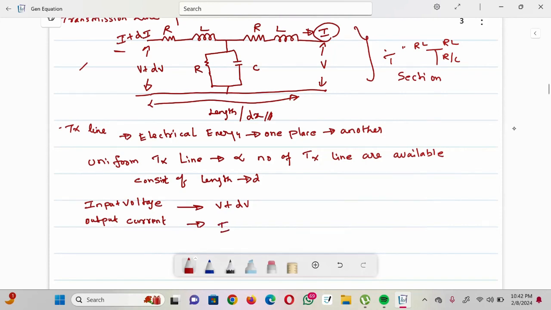Based on the input voltage and the current, we need to calculate the impedance and admittance.